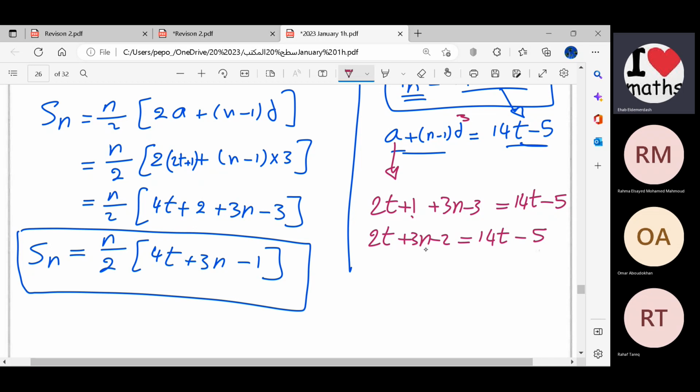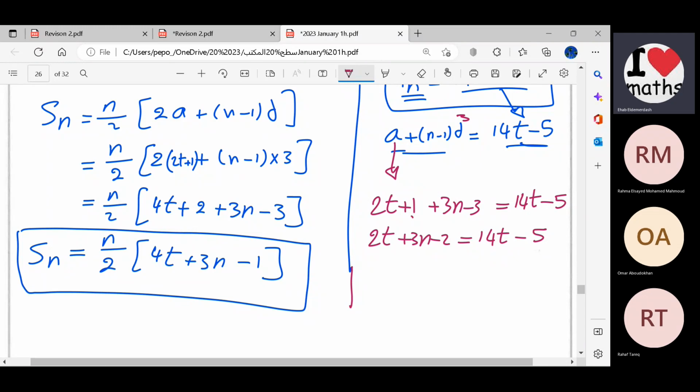I need to get n by itself, or I can say I need to have t by itself. Look at the other side. I have this relation Sn, and I have the other relation on n and t.